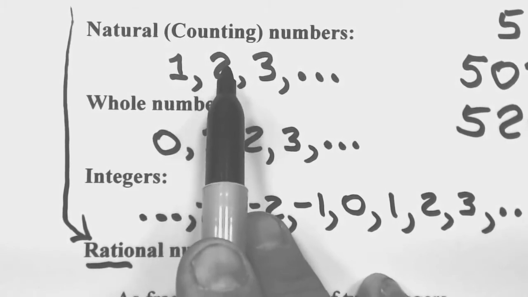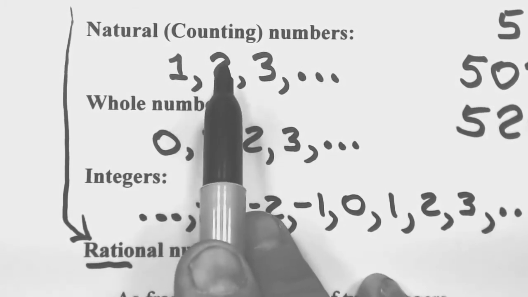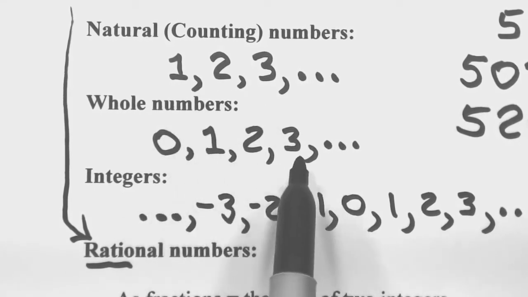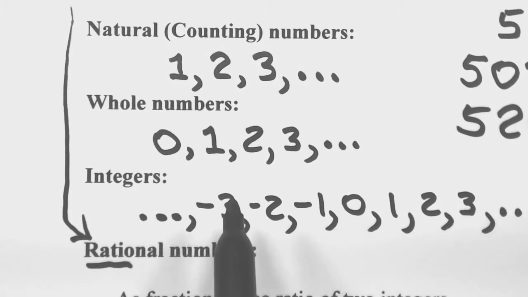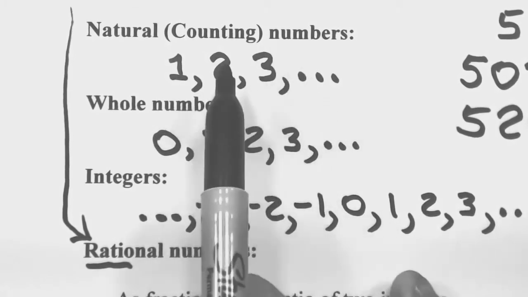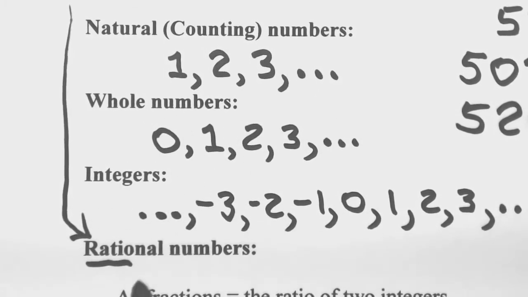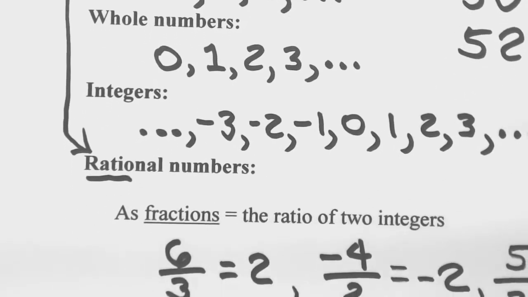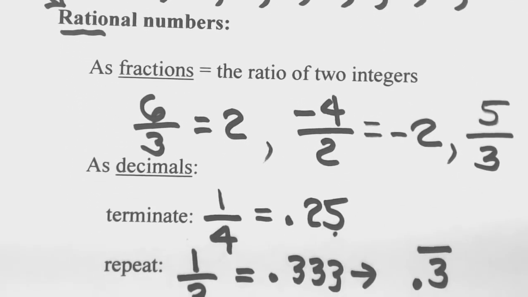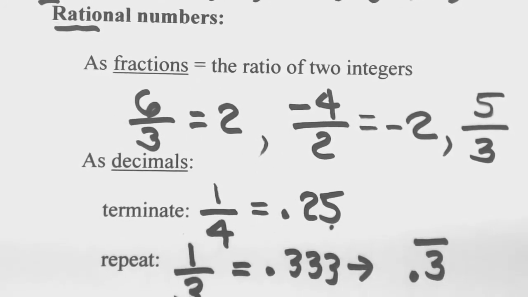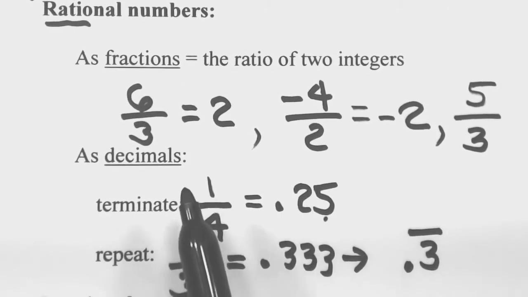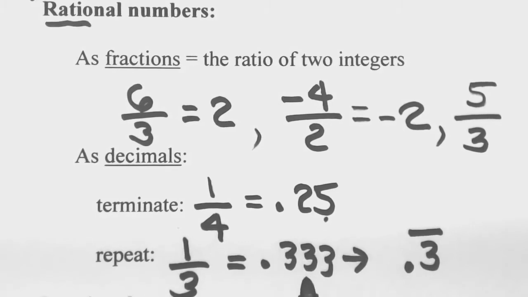That makes it officially a rational number, but it's also 2 as well. You can do the same thing with any whole number and also with any integer. So the natural or counting numbers, the whole numbers, and the integers are all examples of the rational numbers, although we often think of the rationals as being fractions, but of course, as we pointed out, you can also take those fractions and convert them to decimals, and the decimals will either terminate or repeat.